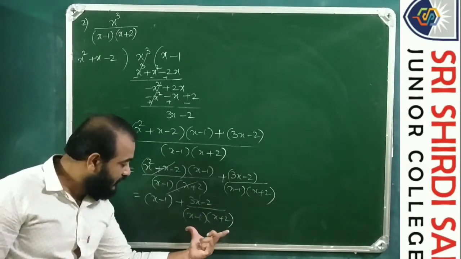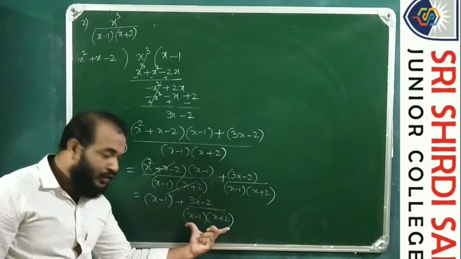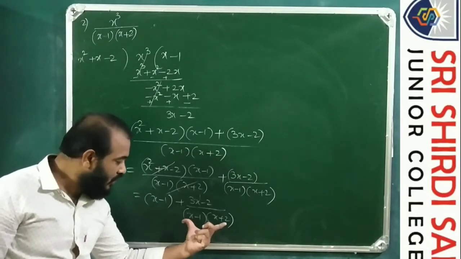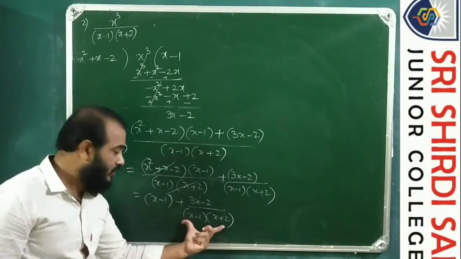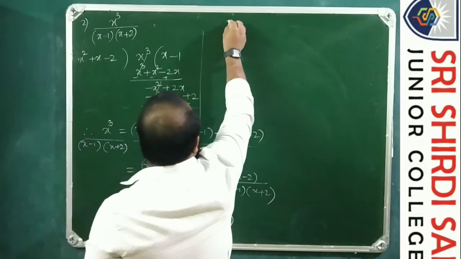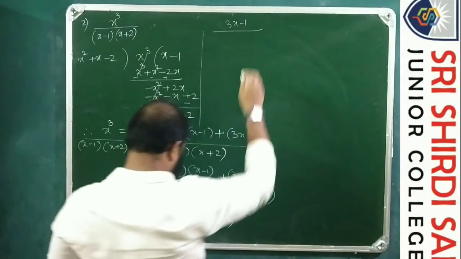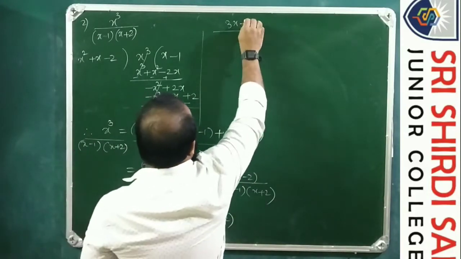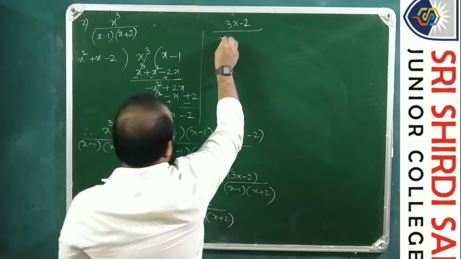Therefore partial fractions is used to solve this proper fraction. So I will take this separately: 3x minus 2 by x minus 1 into x plus 2.